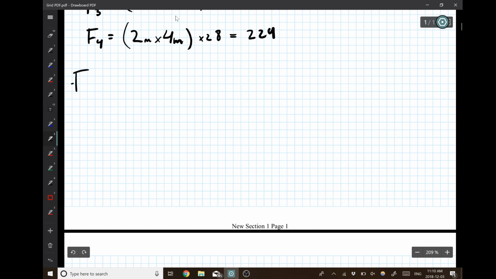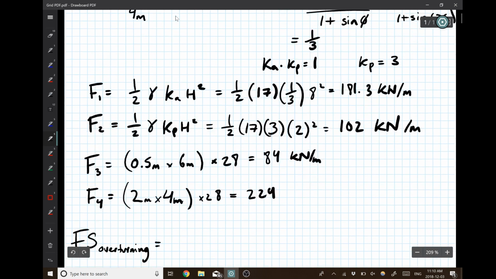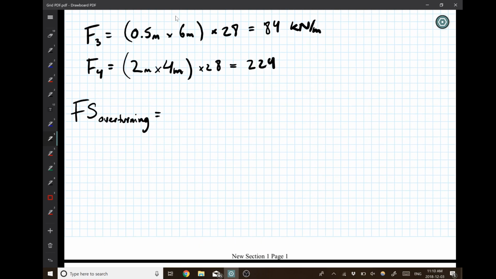So for the factor of safety for overturning, we're looking at the moments generated by each of these forces.